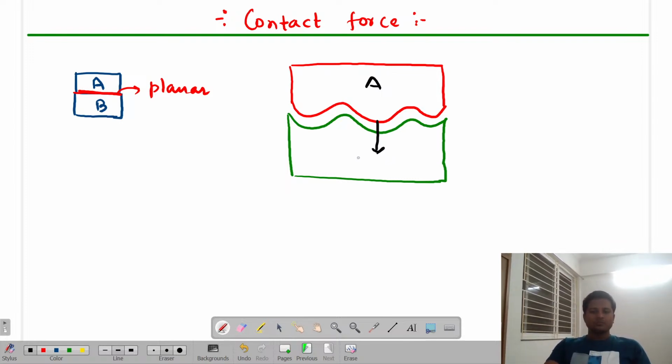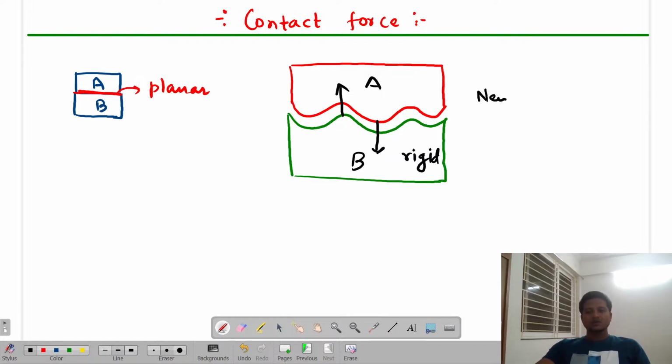Now, for that force, as block B is rigid in nature, which kind of nature? Rigid. It will try to apply some same kind of reaction on the top of this block A. Yes. So whenever there is a force, there is an equal and opposite reaction according to Newton's third law, isn't it?